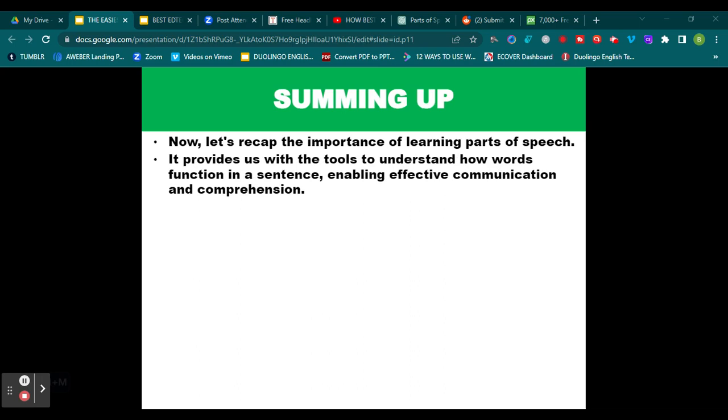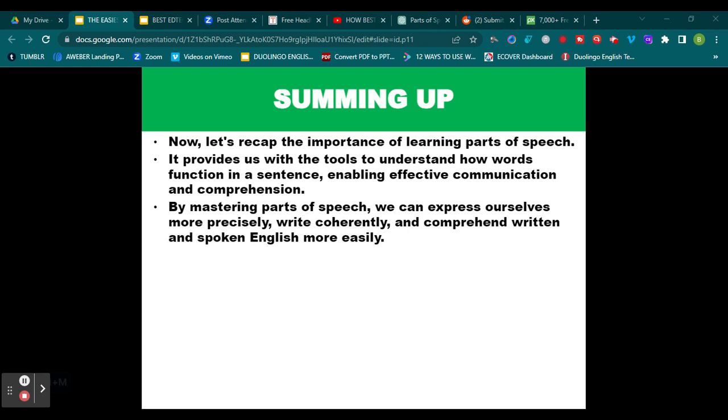One, it provides us with the tools to understand how words function in a sentence, enabling effective communication and comprehension. By mastering parts of speech, we can express ourselves more precisely, write coherently, and comprehend written and spoken English more easily. Okay, so those are the reasons why learning parts of speech is really important.